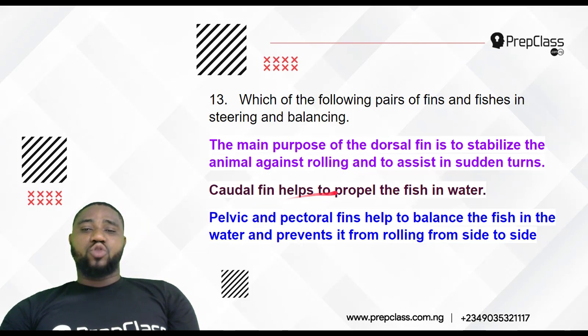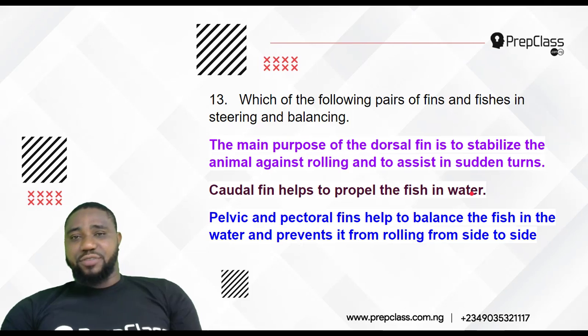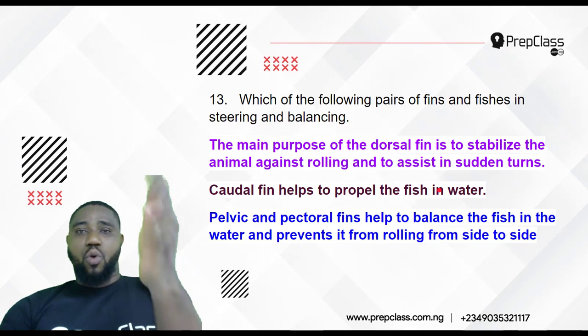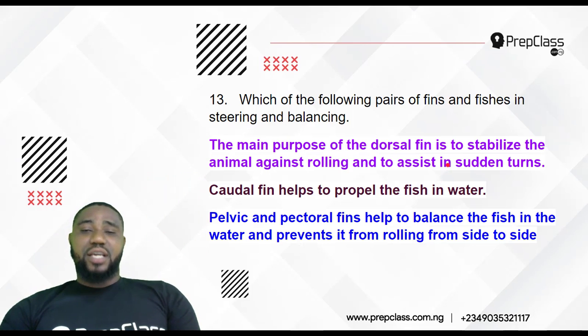Caudal fin helps to propel the fish in water. That's the function of the tail fin. As the fish is shaking the tail fin, it helps to glide it easily in water. So the caudal fin helps to propel the fish in water. That's the function of the caudal fin.